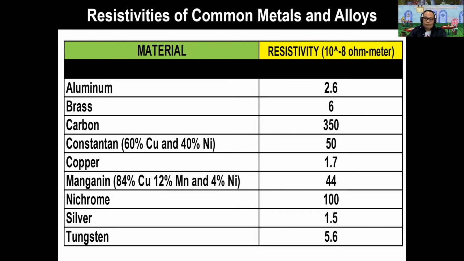So that might be useful in the near future. These are some values of resistivities that we might encounter during the designing, simulation, experimenting, or prototyping part of our engineering journey.